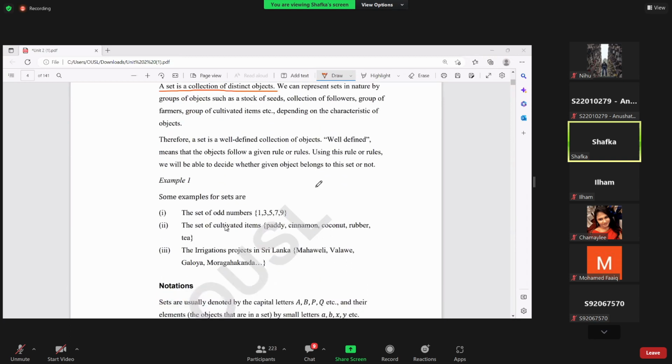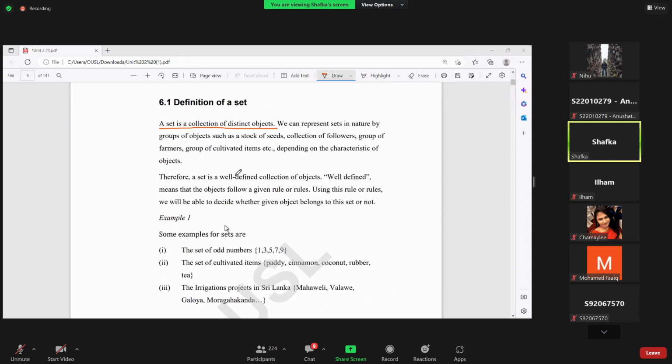Okay. So here we have a collection of distinct objects in a set. So we say a set is a well-defined collection of objects. Okay. Well-defined means the objects follow a given rule or rules. As you all mentioned, even numbers. If you are considering even numbers, it's the rule for the set. Even numbers less than 20 means even number is a rule and the second rule is less than 20.